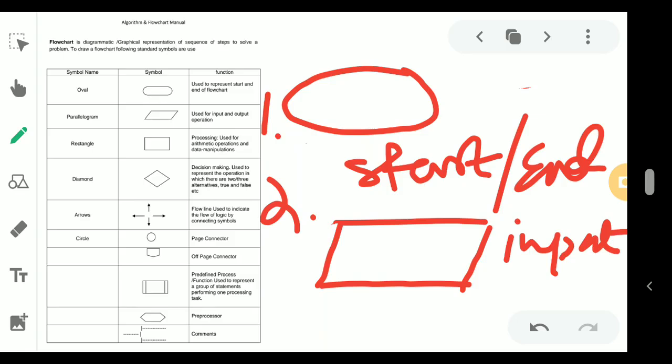We will put input over here as well as the output. So first, the oval represents the start and end or stop of a process in the flowchart, and second, the parallelogram is used to take input as well as to print the output.